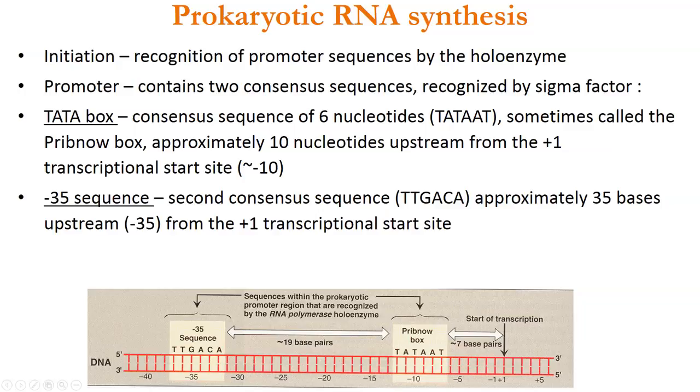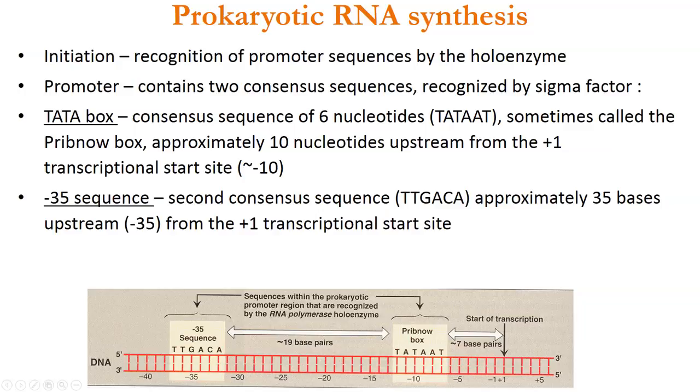So it's the sigma factor, right? It's actually going to recognize these consensus sequences. And in the promoter in prokaryotes, you have these 2 consensus sequences. When I say consensus sequences, these are present in virtually all mRNA promoters, okay, all promoter regions.